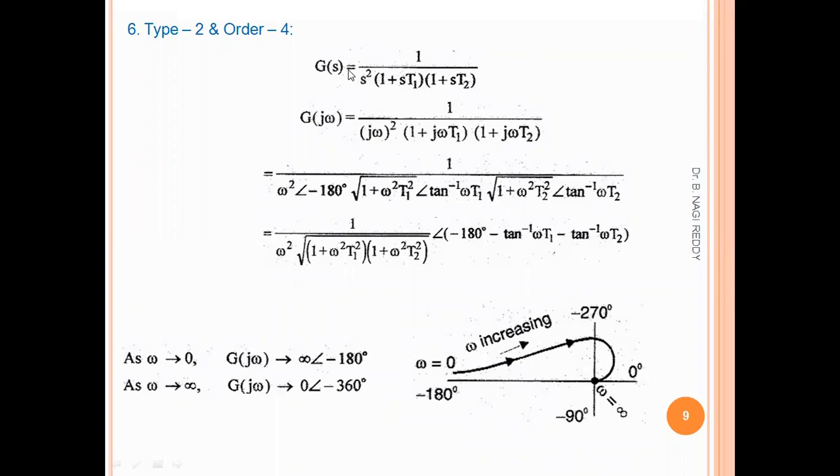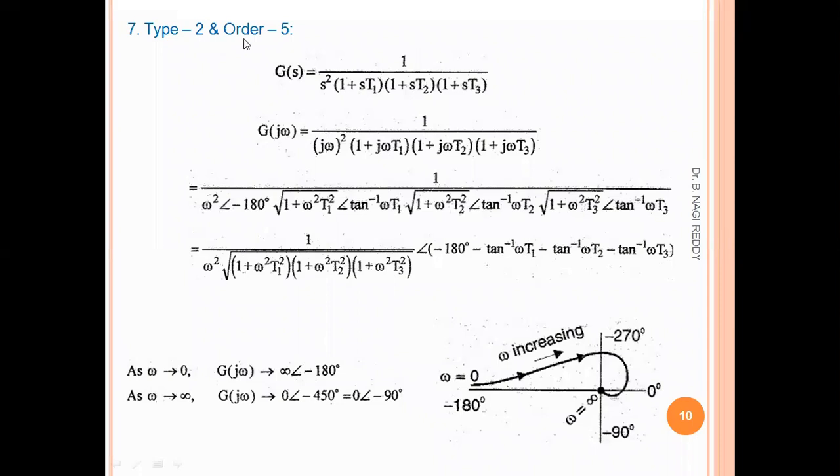So that's why it is s square. Order 4, so the maximum s power of this denominator is s power 4. That's why it is order 4. Same process apply here. Get the magnitude and get the angle and substitute and simplify, and you can plot the polar graph. Similarly for case 7, which is type 2 order 5, this system also. You please do all these examples and plot the polar graph.